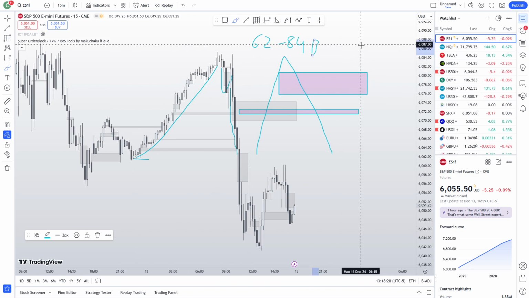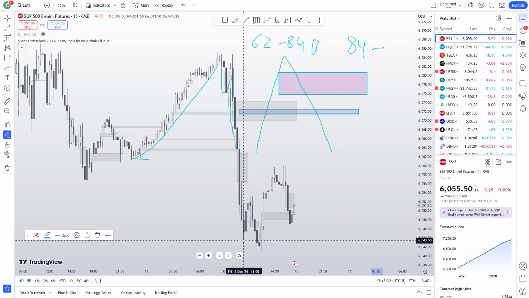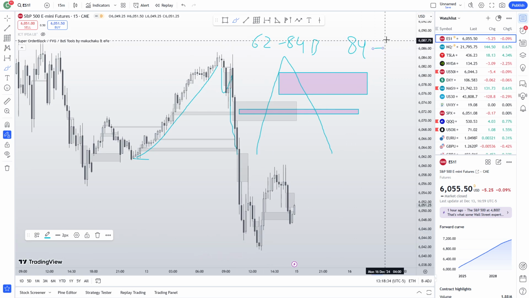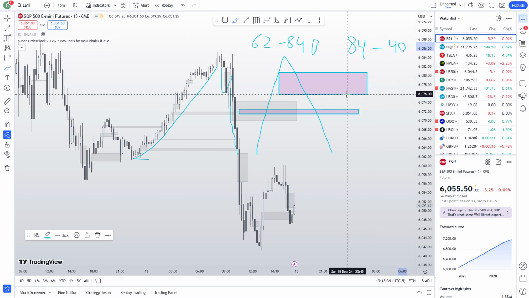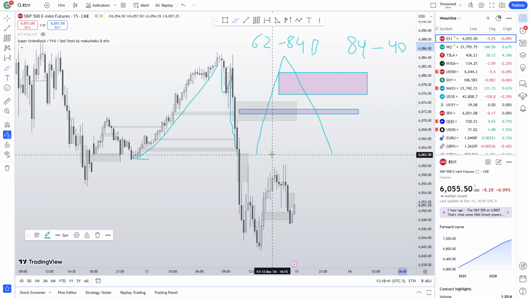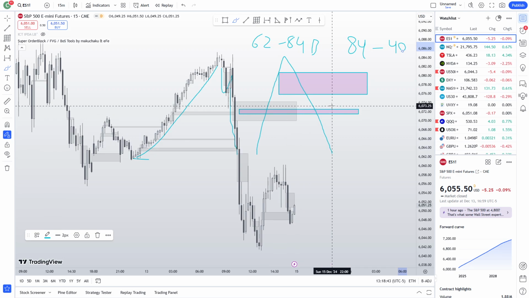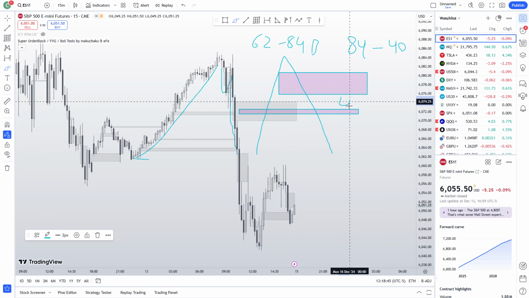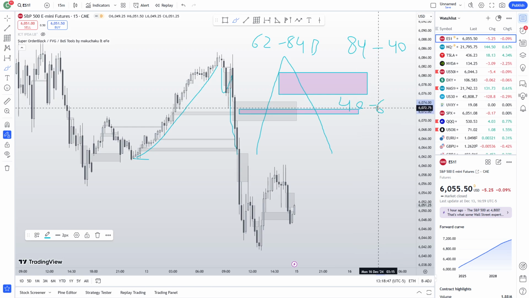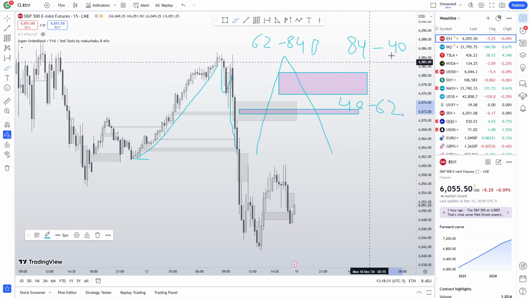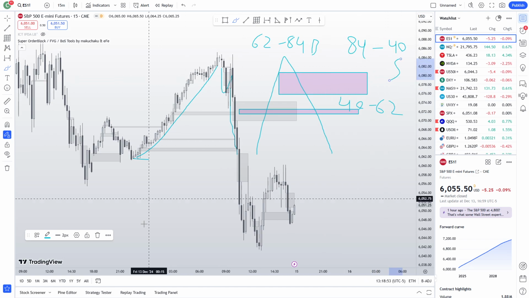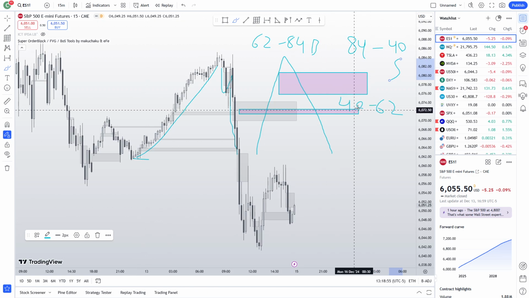And then we had sell side from 84 to, we're just going to say 40, just to round it. So if you look at what's left, it really would be 40 to 62, right? Does that make sense? How 40 to 62 still needs buy side?